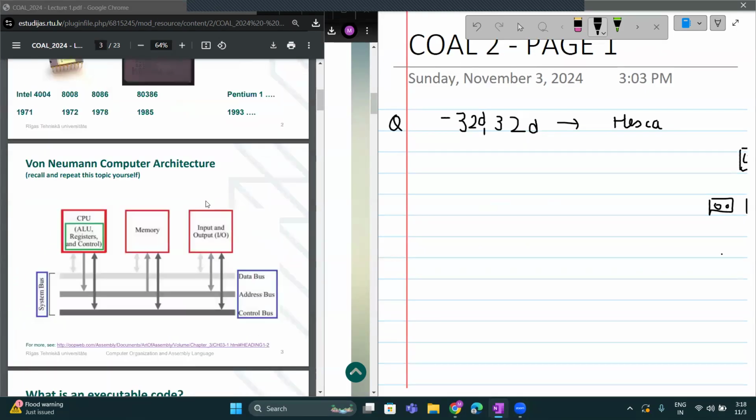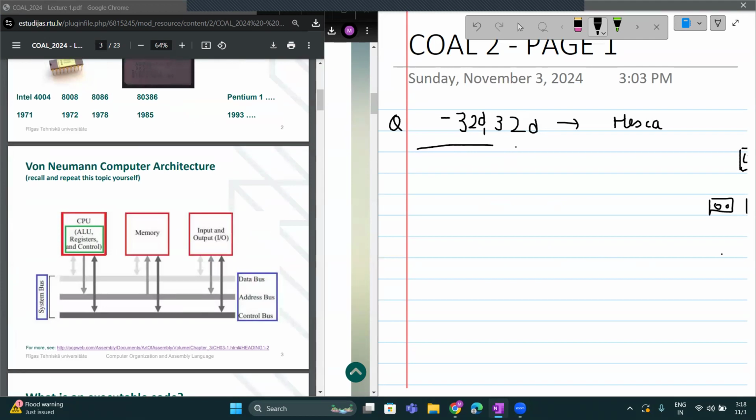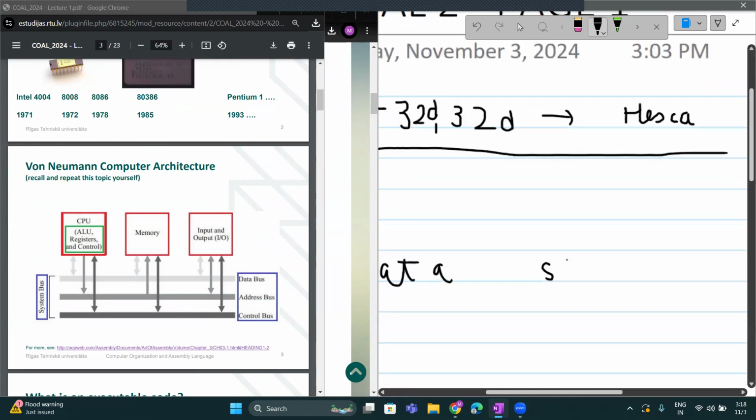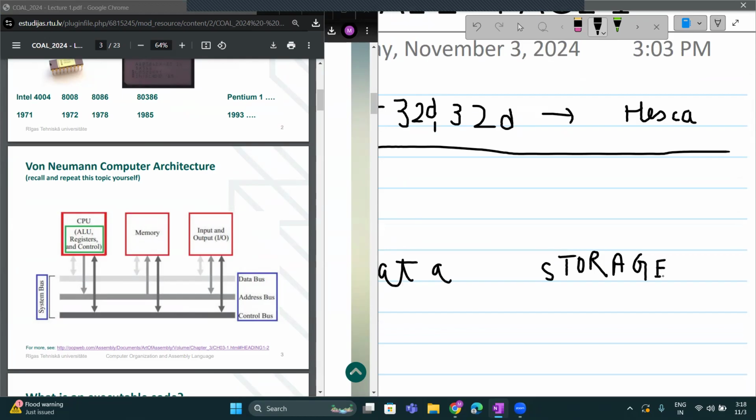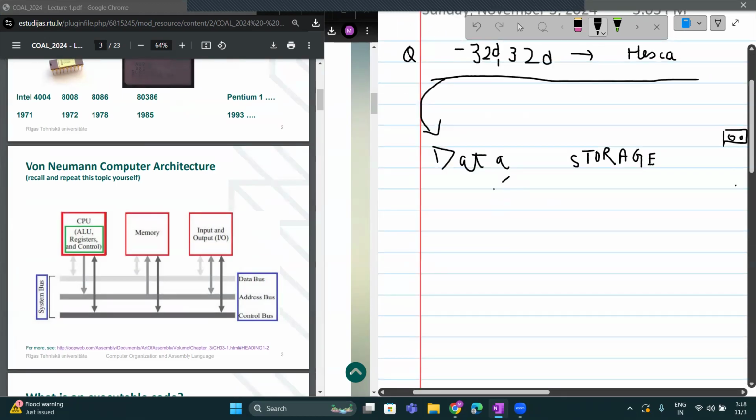Now, where is all of this data that we are talking about stored? So, data storage in a computer.